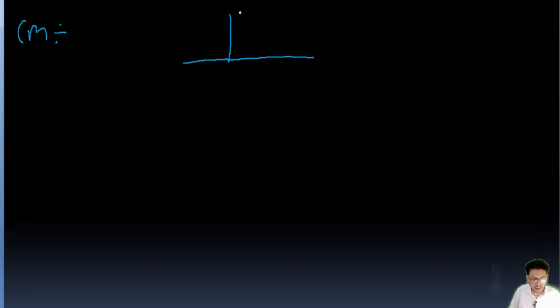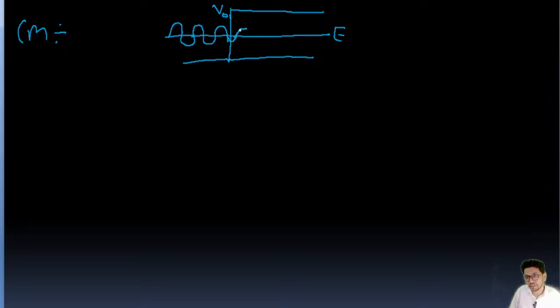This is V naught, and this is the energy E. The wave is coming like this because there is an oscillation, and here it is going to be like this simple because energy is less than V naught, and it's a real wave function, so it is just this wave.